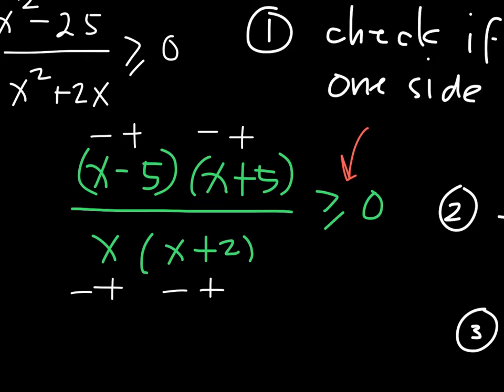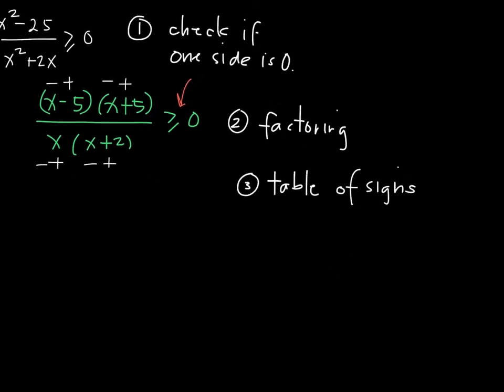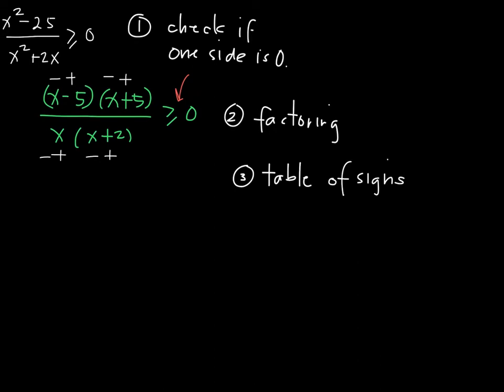Now the problem with that is you have to look for all the possible combinations by randomly assigning some signs, and for that matter, you might miss some possible solution to the inequality. So the table of signs will actually make that organized. I'll be teaching you the steps on how to create a table of signs.